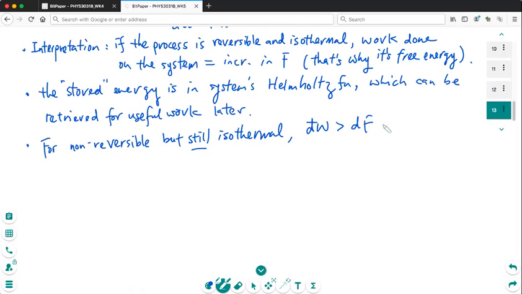Okay, so I would just say in words, the work done on the system is only partially converted into the change of the free energy of the system. And the other part will be wasted through some heat transfer to the environment. It's a bit like friction.